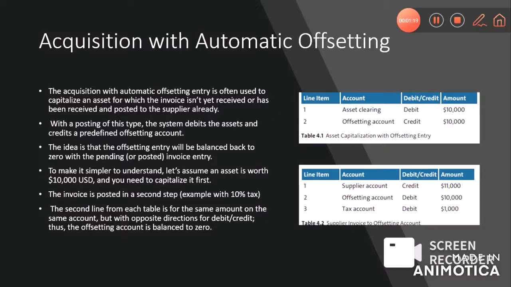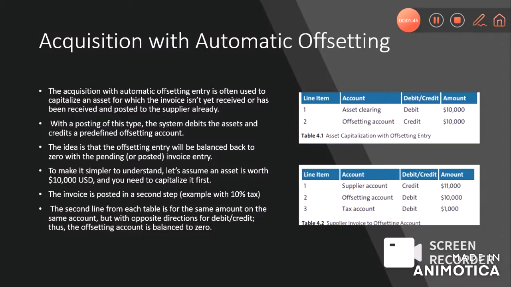So to make it simpler to understand, let us assume an asset is worth 10,000 USD and you need to capitalize it first. So we are going to post an entry saying that asset accounting debit, asset clearing account debit and offsetting account credit.